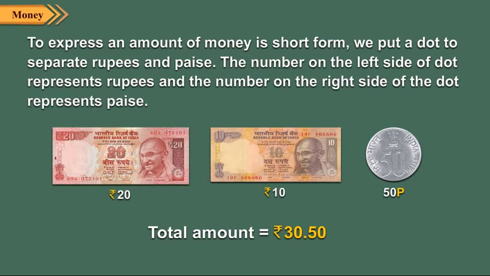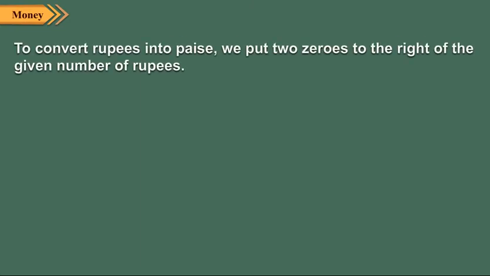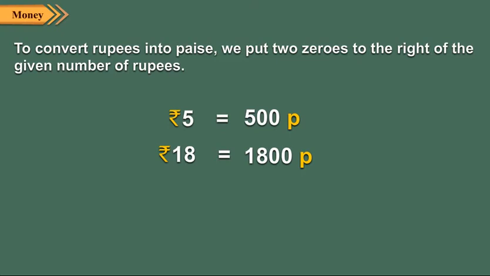Let us now see how to convert rupees into paise and paise into rupees. To convert rupees into paise, we put 2 zeros to the right of the given number of rupees. For example, 5 rupees gives us 500 paise and 18 rupees gives us 1800 paise.